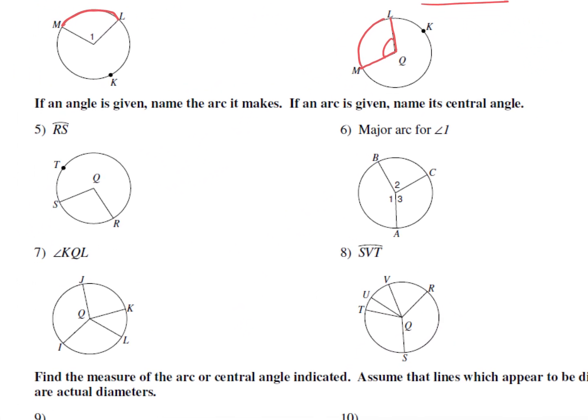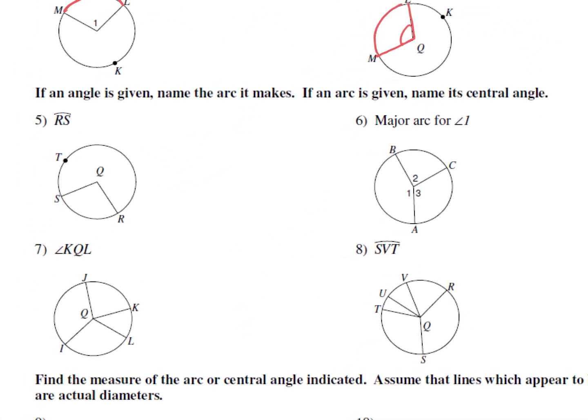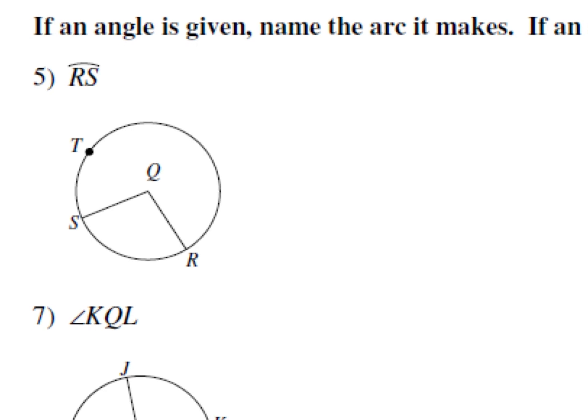Okay, if an angle is given, name the arc it makes. If an arc is given, name its central angle. Number 5, arc RS. Okay, RS. So we're going to be giving the angle created. That's going to be angle SQR.